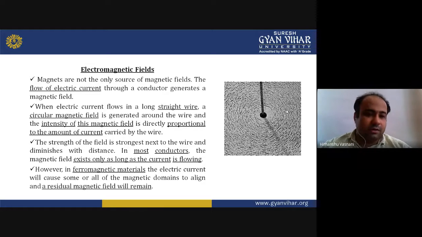So in most conductors, the magnetic field exists only as long as the current is flowing. This we have discussed for ferromagnetic, diamagnetic and paramagnetic materials.